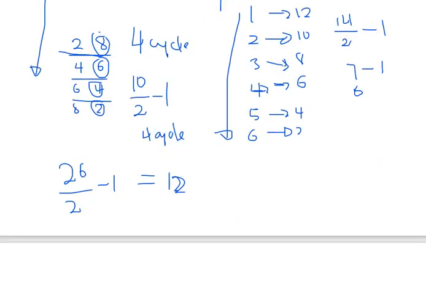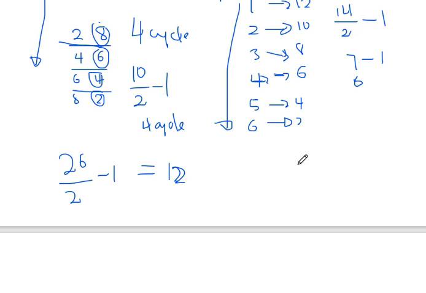Now for you to get the number of acetyl-CoAs, it is very simple. Just divide the number of carbons in the fatty acid by 2. The number of acetyl-CoAs is given by the formula: the carbon number divided by 2.